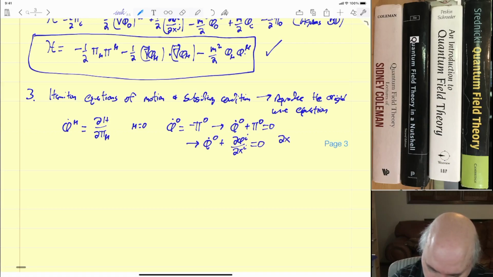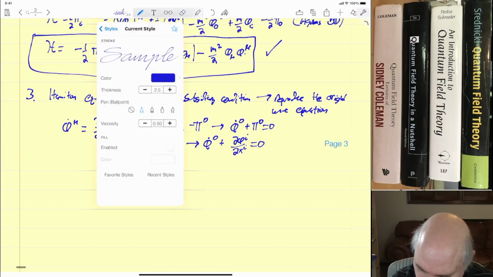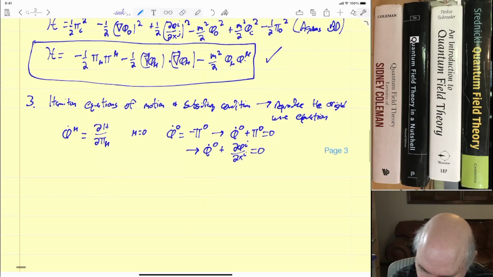Covariantly, that just becomes the partial of phi nu with respect to x nu equals 0. And so this is our subsidiary condition.